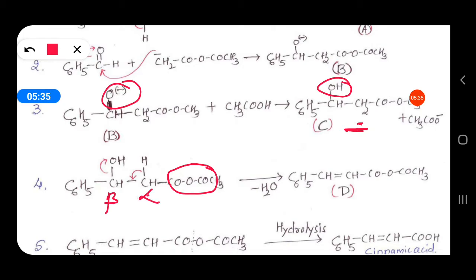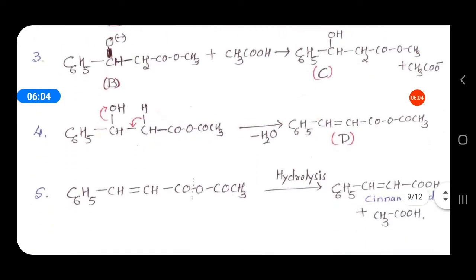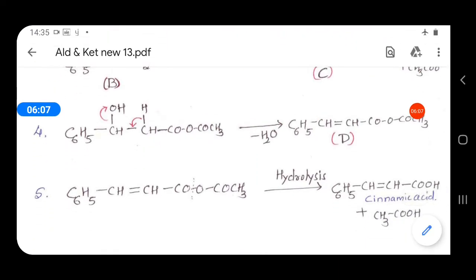One of the CH bond electrons is given to the carbon-carbon bond and H plus is removed, and the C-OH bond electrons are given to oxygen. So OH minus is removed and a new carbon-carbon double bond is formed, and H plus and OH minus are removed as H2O. So here compound D is obtained, which has unsaturation at the alpha and beta carbon.